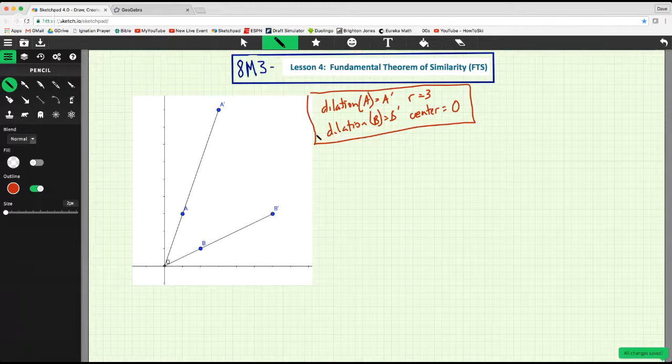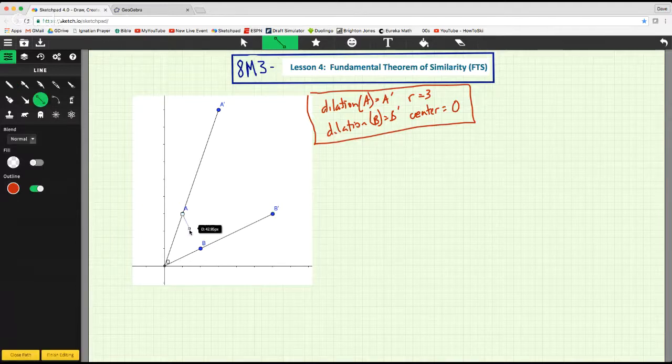Okay, so let's look at this and see what else is true. Let's form our line segments AB and A prime B prime.